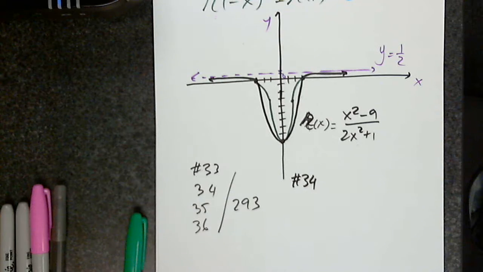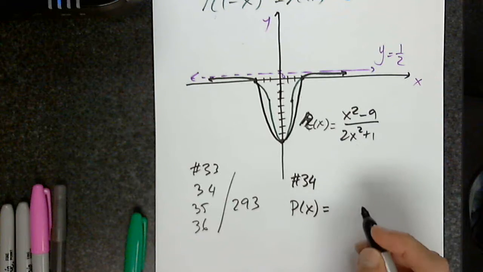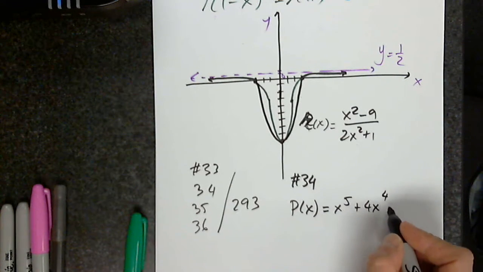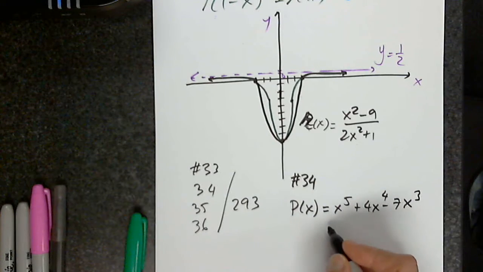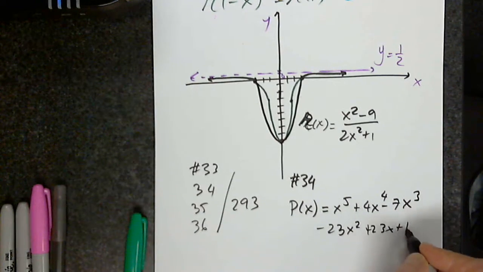Okay, 34 is asking us to, where are you, 34? I went back to the end of chapter 4 already. 34, you said. Use the factor theorem to show that x plus 4 is a factor of the polynomial. So we have p of x equals x to the 5th plus 4x to the 4th minus 7x cubed minus 23x squared plus 23x and plus 12.